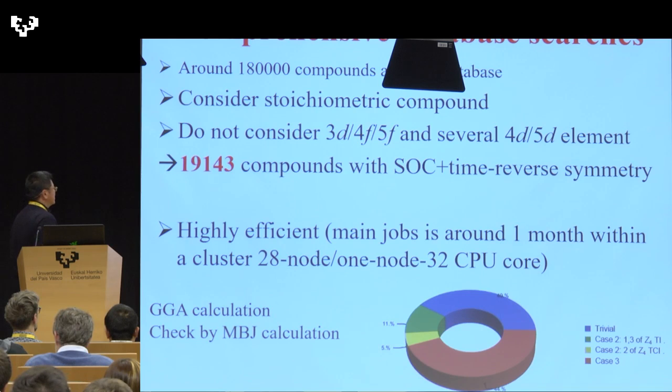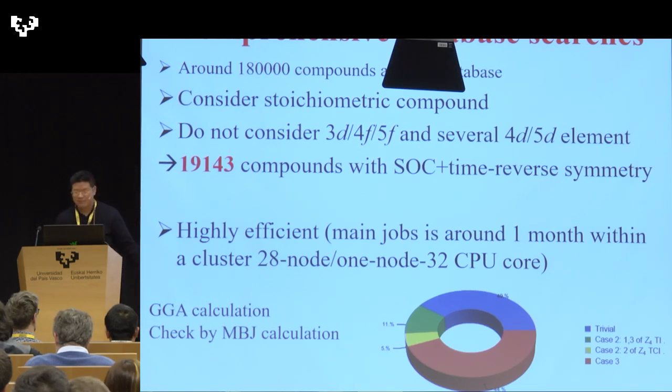So in total, how many compounds do we check? About 90,000 compounds. For these compounds we can definitely say they are non-magnetic, so with time reversal symmetry, and of course we consider spin-orbit coupling.